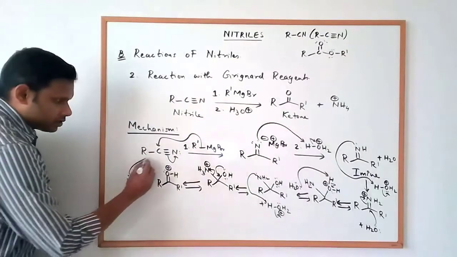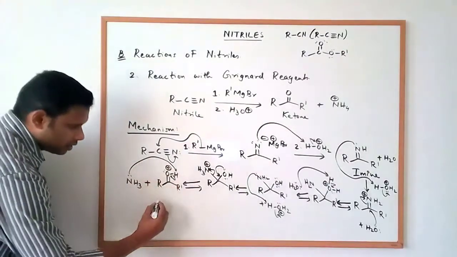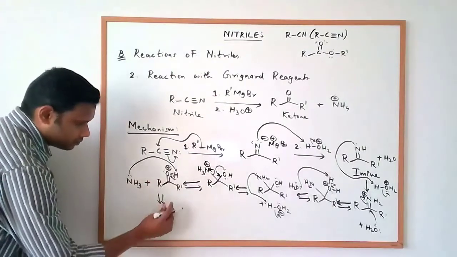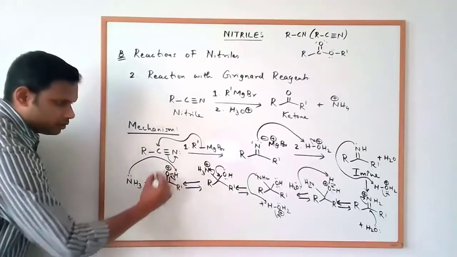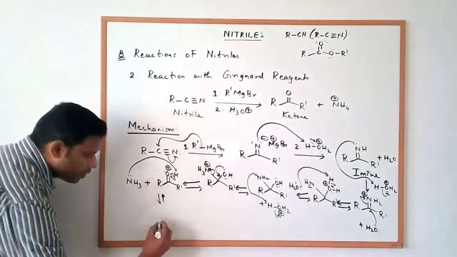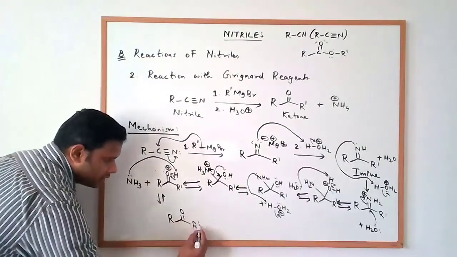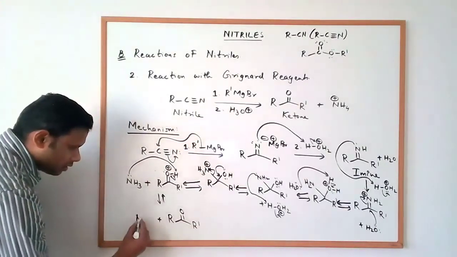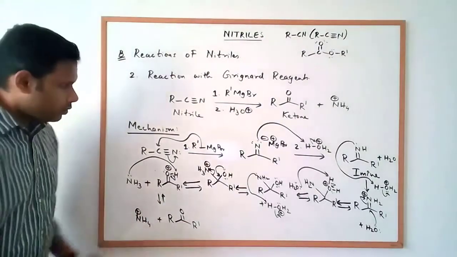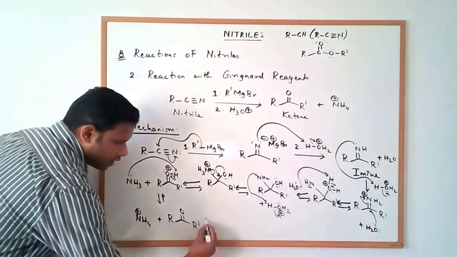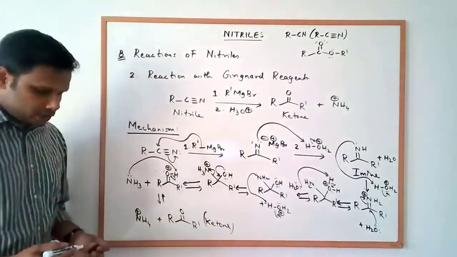And because ammonia is a strong base under these conditions, it can help deprotonate this intermediate here, the protonated carbonyl compound, and it would bring us to a ketone plus an ammonium ion. So that's how the nitrile ends up as a ketone under these conditions.